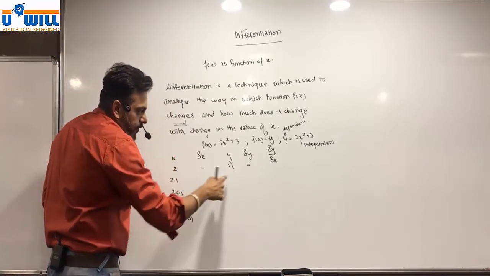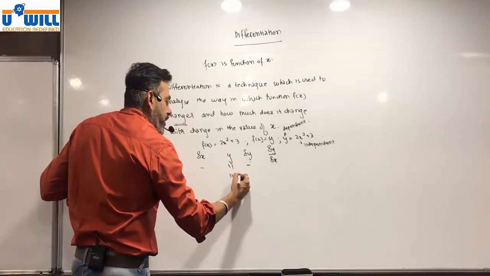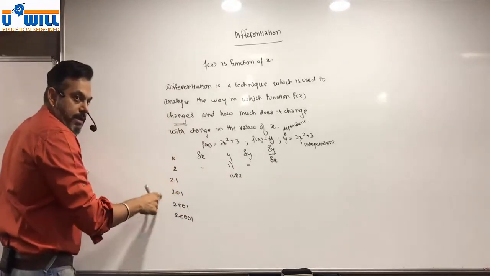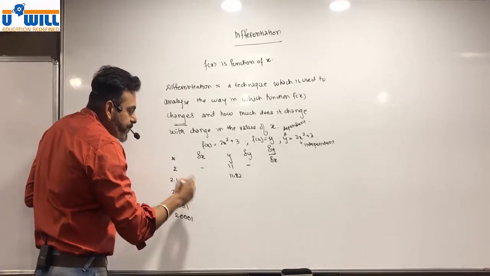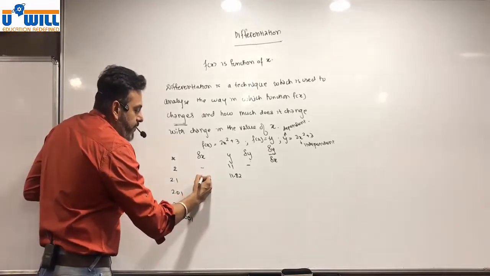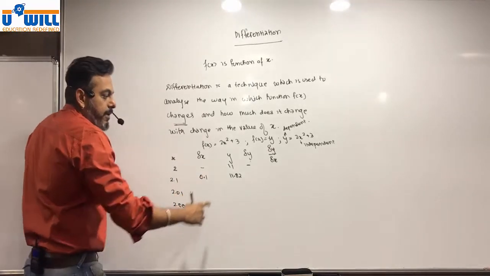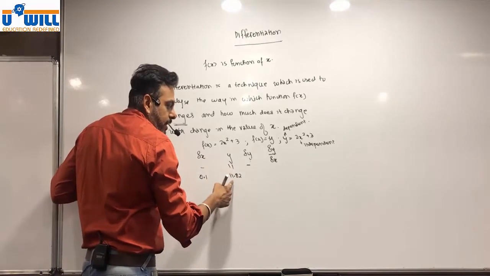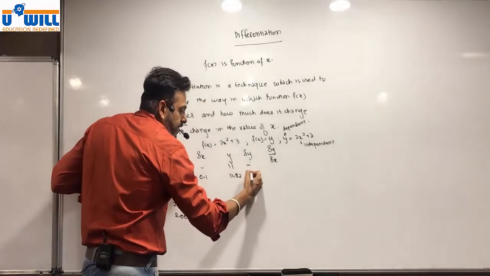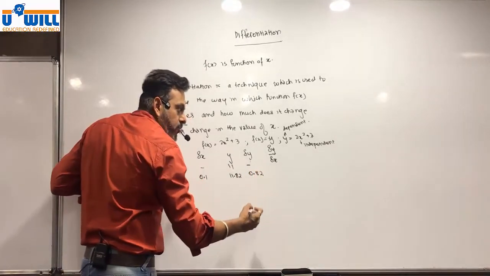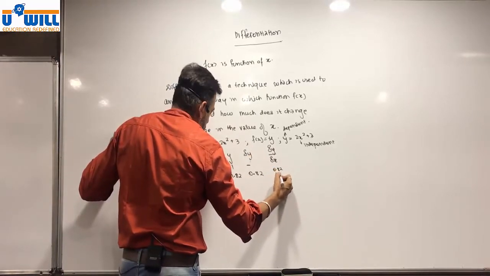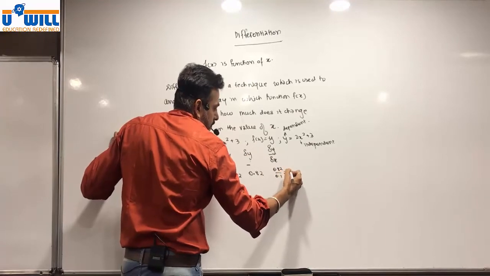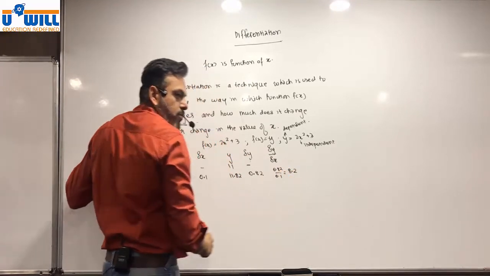If this is 2.1, what is this? 11.82. Now over here, ध्यान दो, ये 2 से हो गया 2.1. So change is 0.1. ये 11 से हो गया 11.82. So change is 0.82. Now we do this. 0.82 divided by 0.1, which is equal to 8.2.